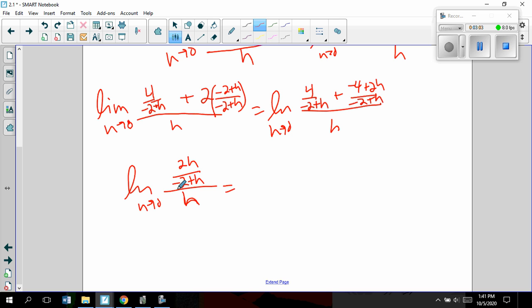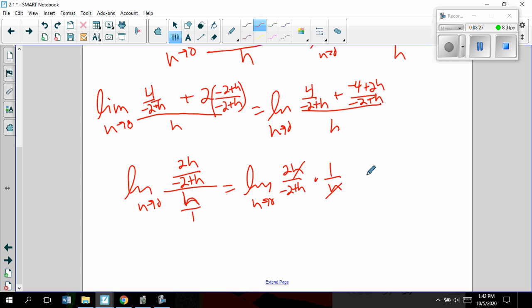Now, you have to have correct algebra. You can't just start crossing off h's. So you will remember from our pre-calc days, hopefully, or after this you will, that instead of dividing by a number, or in this case a fraction, I can multiply by the reciprocal. So dividing by h is the same as multiplying by 1 over h.